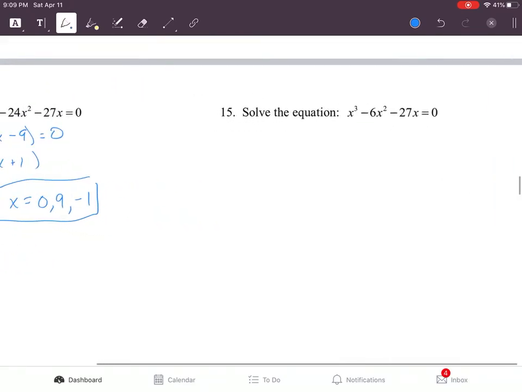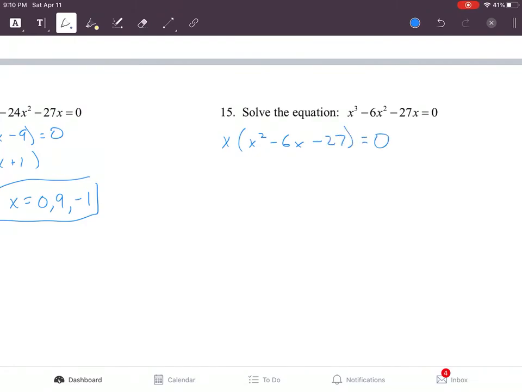For 15, same kind of idea, except we don't have a number that goes into all three, but they all have x that you can take out. If you take out an x, you're going to be left with x squared minus 6x minus 27 equals 0.